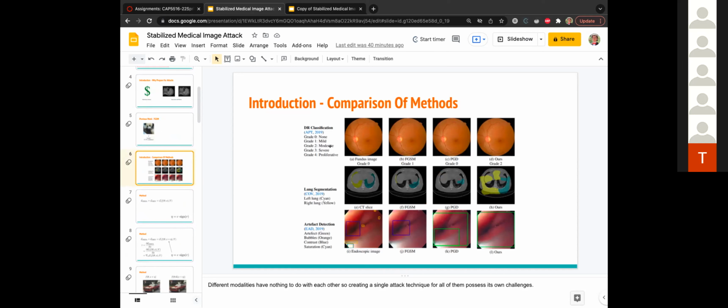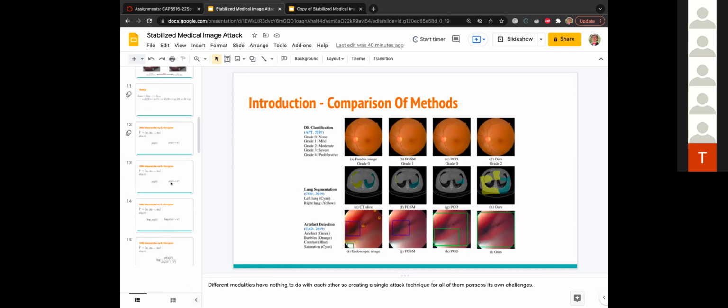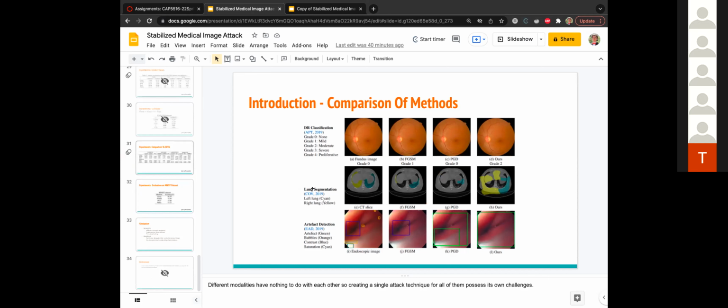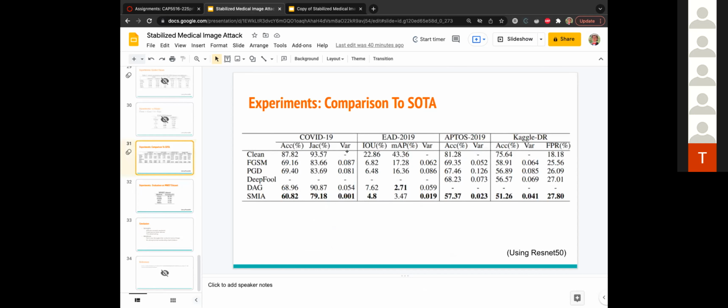A very small part of the image could result in very large differences in the grading. So there's a lot of variance with it. So the whole point of the stabilization essentially was to try and minimize the variation of the perturbation. Yeah, I guess that's what they're trying to do to make it suited for medical imaging, trying to minimize this variance. Okay.